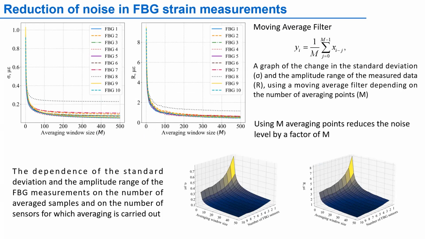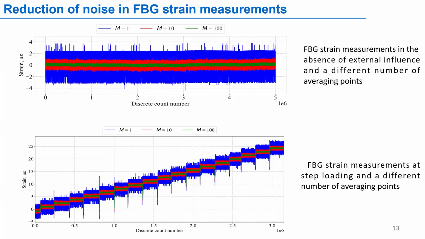So it is shown that we can significantly reduce the noise, and using n average points, we can reduce the noise level by a factor of √n. And another possibility is to use several fiber optic sensors, which can be located beside each other to reduce the measurement noise.